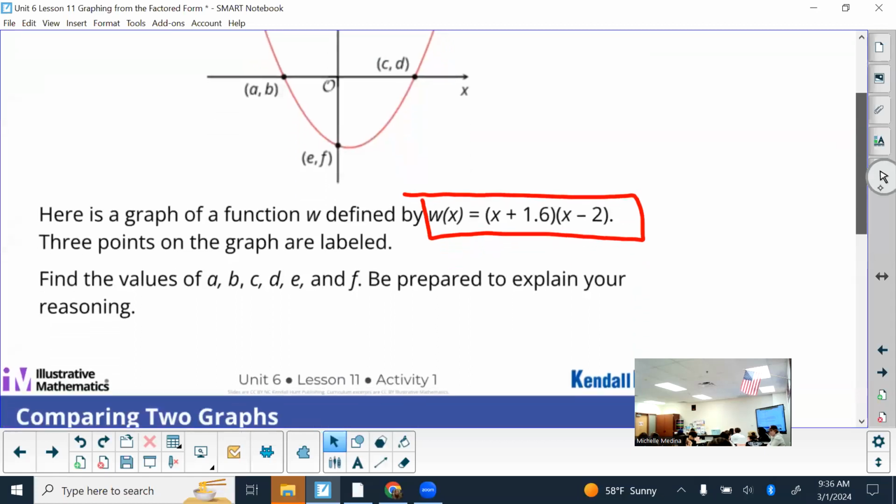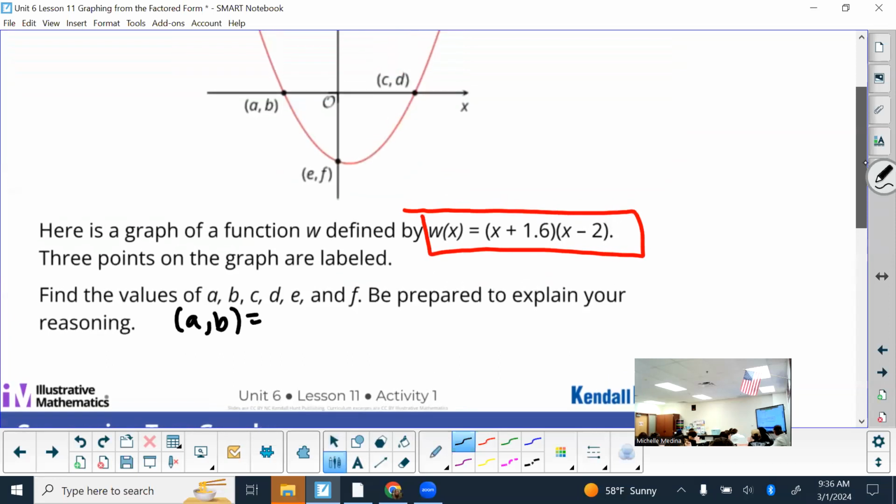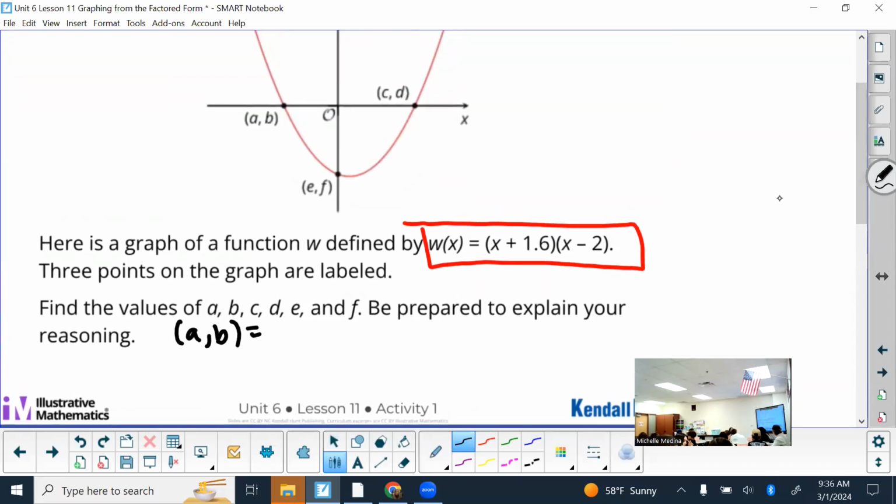John or Uli, what is the value of AB based on the given information? Can you tell me what part of the graph AB is?